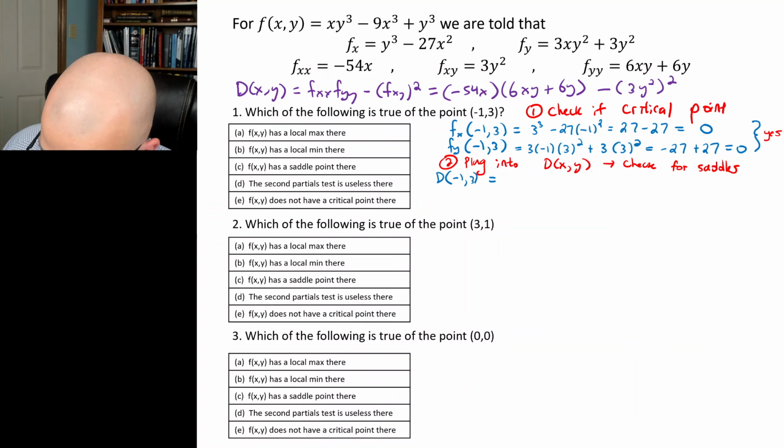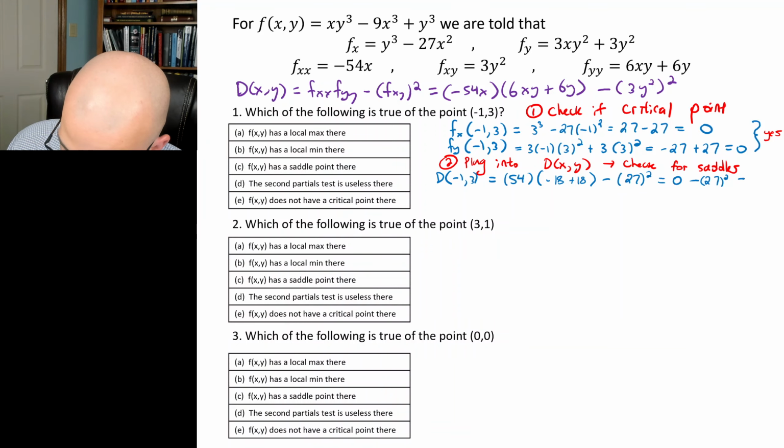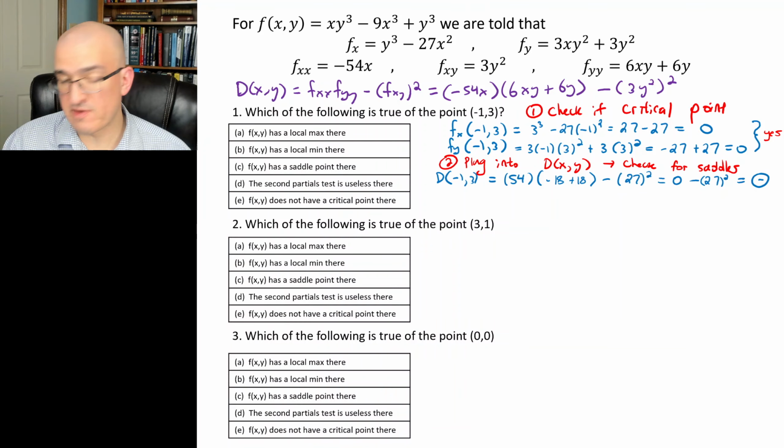We will have positive 54 times -18 plus 18, minus 27 squared, which is 0 minus 27 squared, which is negative. 27 times 27, some big number.